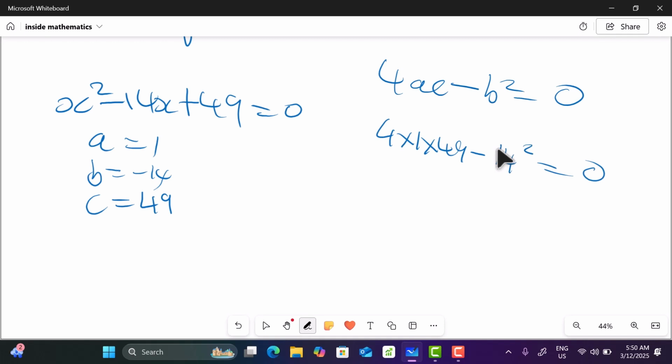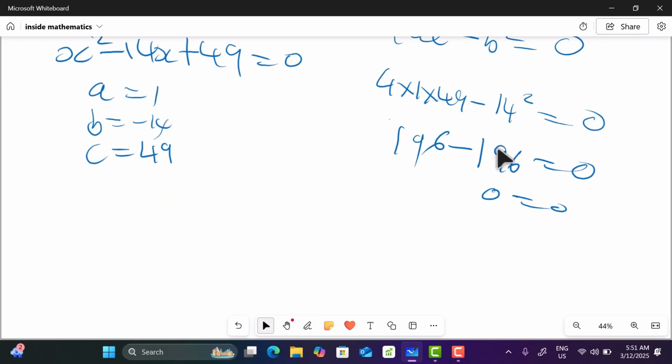So we get 4 times 49, which is 196. Then 196 minus 14 squared, which is 196 again, is equal to 0. 0 is equal to 0. So this quadratic equation is a perfect square.